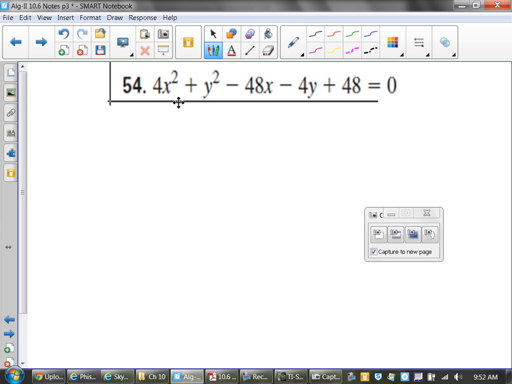I'm looking at this one right off the bat. I might be able to notice that it's either going to be a circle or an ellipse. I don't know which one yet. Group your x's and your y's. So you're left like that. You have to start by taking the a value out.